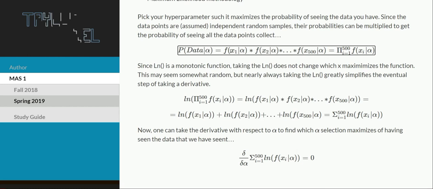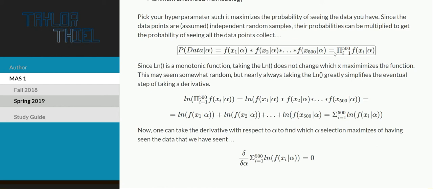We can write this as the product, because they're independent random samples with the same distribution PDF f. So what is the probability of seeing x1 given some selection of alpha using that probability density function, and then we multiply them all together.